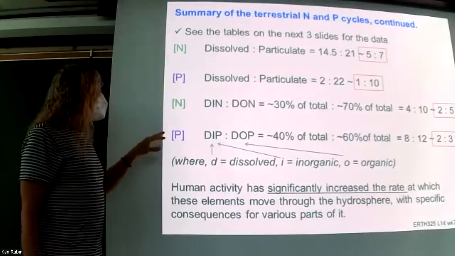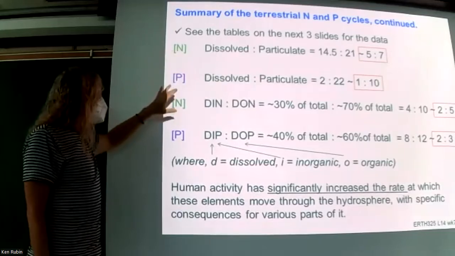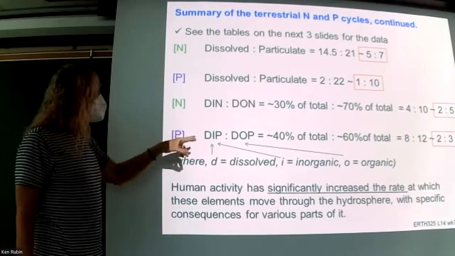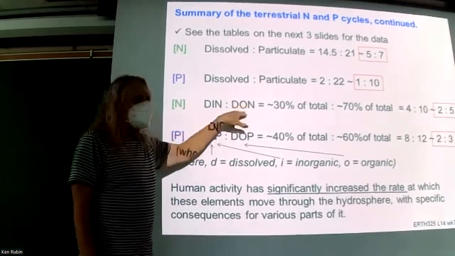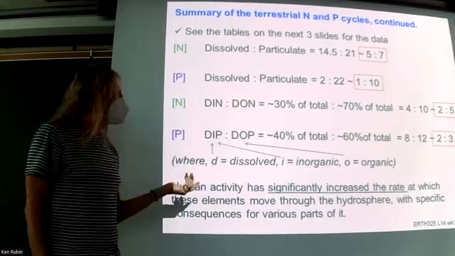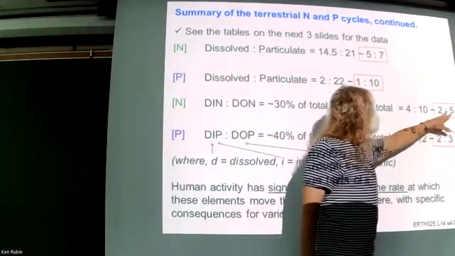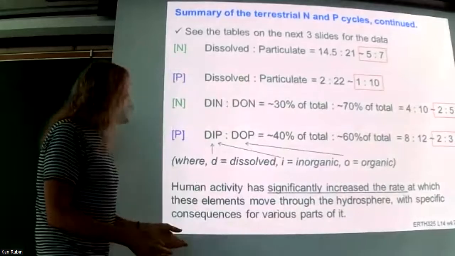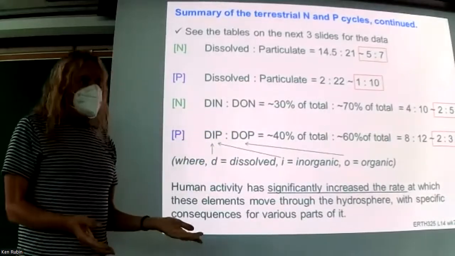Then when we look at the relative proportion, whether inorganic or organic, for nitrogen in a dissolved form, how much is inorganic, ammonium, nitrate, nitrite, versus organic, like amino acids and all kinds of things? You can see here that something like 2 to 5, or 40%, however you want to think about it, is inorganic, and 60% is organic.